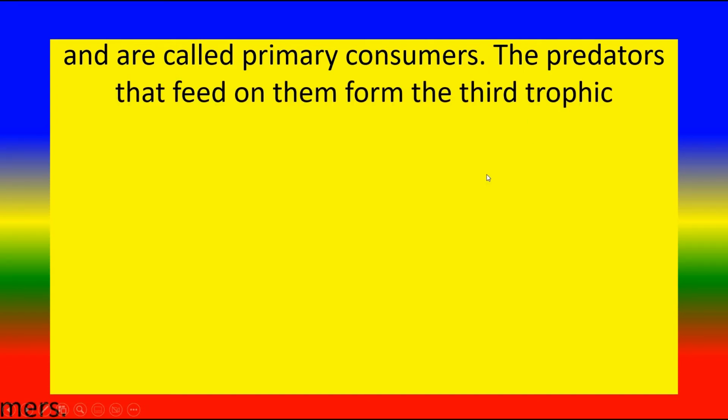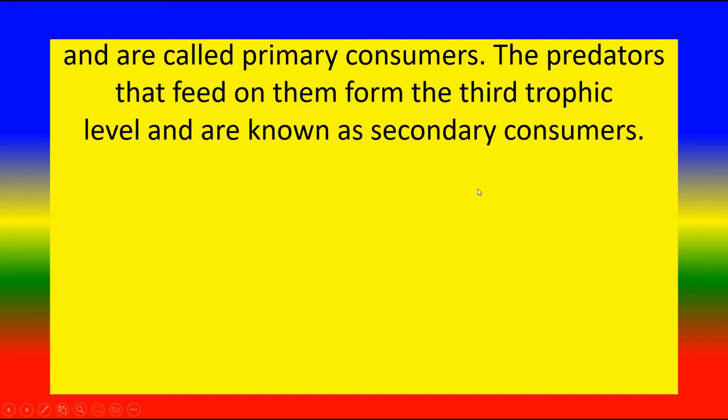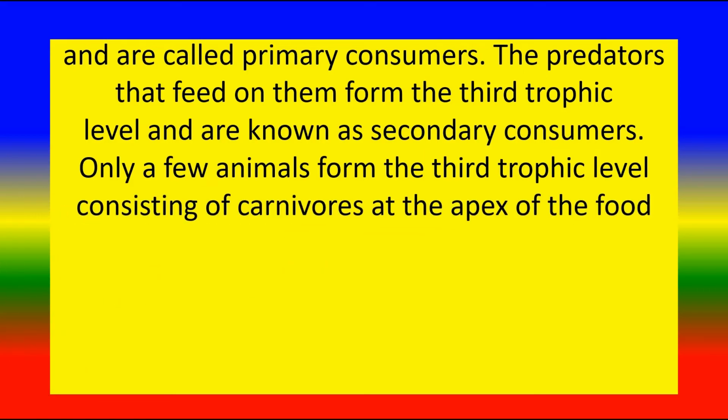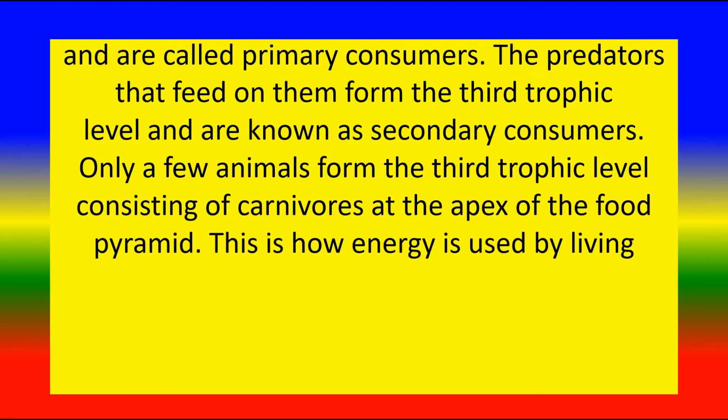The carnivores that feed on them form the third trophic level and are known as secondary consumers. Only a few animals from the third trophic level, consisting of carnivorous animals, are at the apex of the food pyramid.